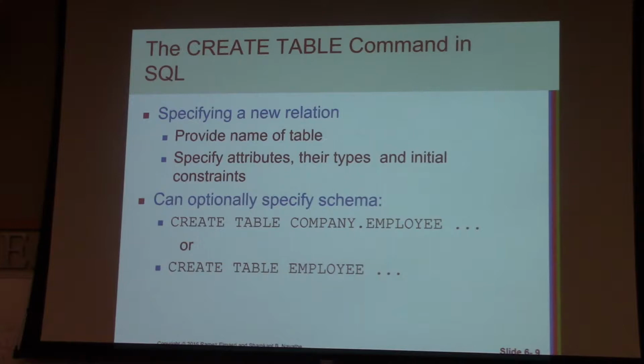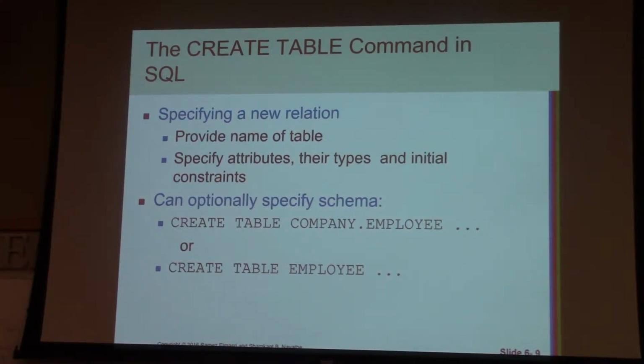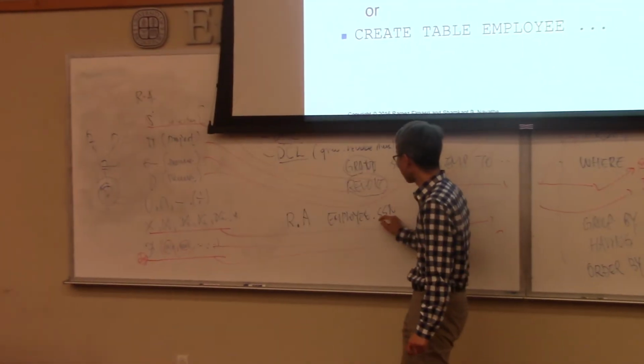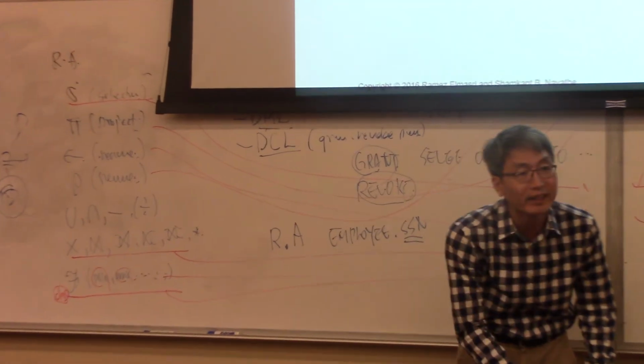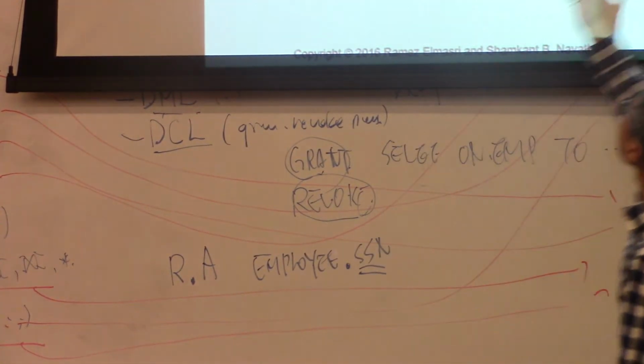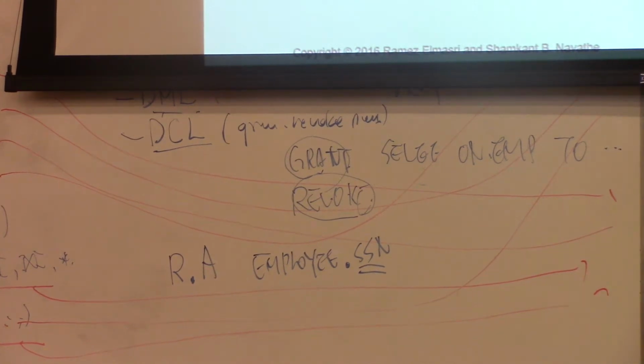When we specify the table, the relation name and the attribute name, you remember, what does it mean? Employee dot SSN, because SSN can be used for any table. This is the attribute name. Similarly, we can use the company first.